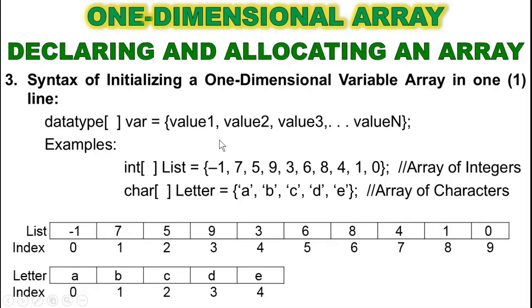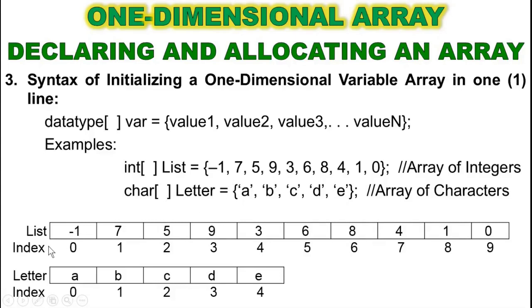Inside the curly braces, we specify the constant values, separated with commas like this, and end it with a semicolon. We have an example here, an array of integers name list that has these given initial values: -1, 7, 5, 9, 3, 6, 8, 4, 1, and 0. And if we count the number of initial values, it is 10.